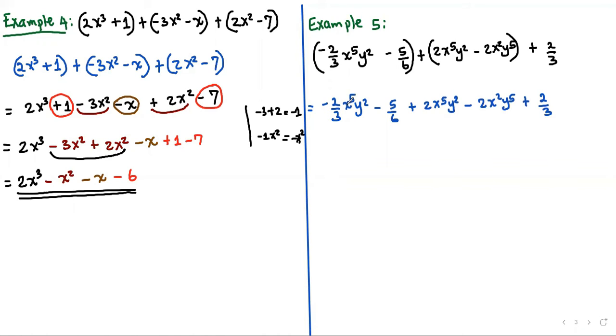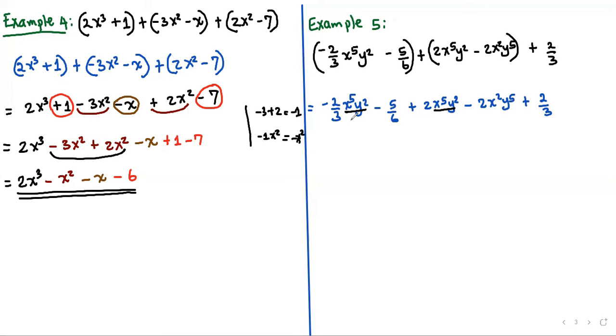See, we are having x to the power of 5y squared, this one, and this one is x to the power of 5y squared. But when you look at this, it is x squared y to the power of 5. So don't consider this as a like term with this one and this one.